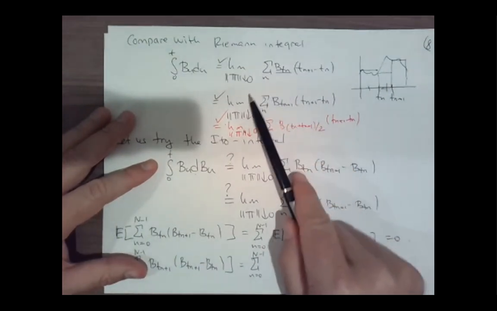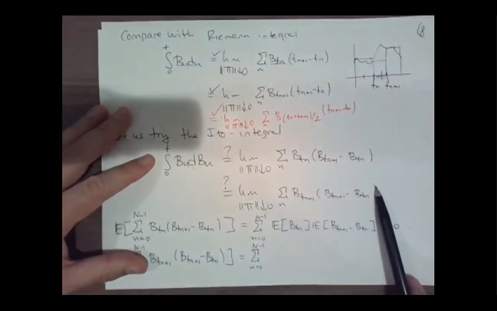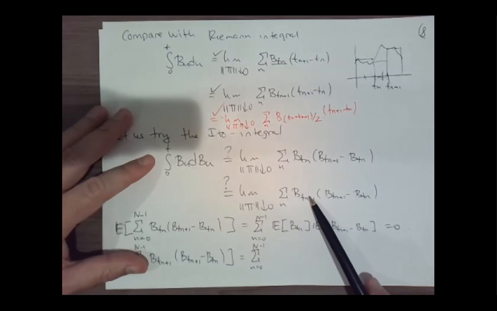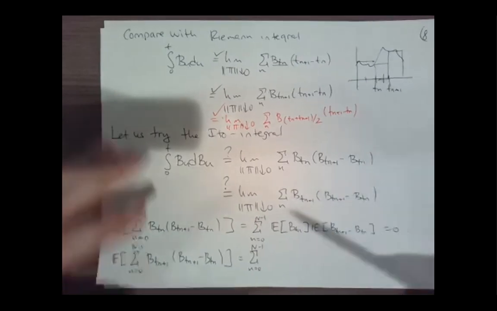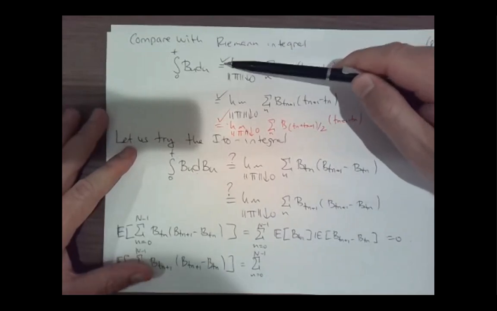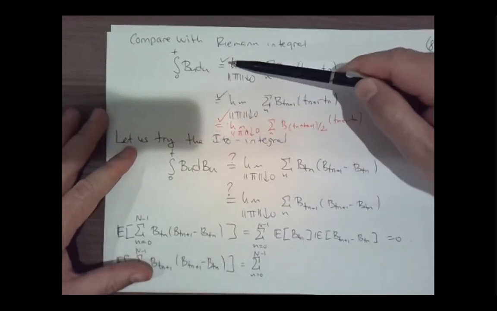I could mimic the second term by writing what I have here. And I could mimic the third one by taking the middle point here. And so my question is, we had this nice property of the Riemann integral that all of them give you the same.